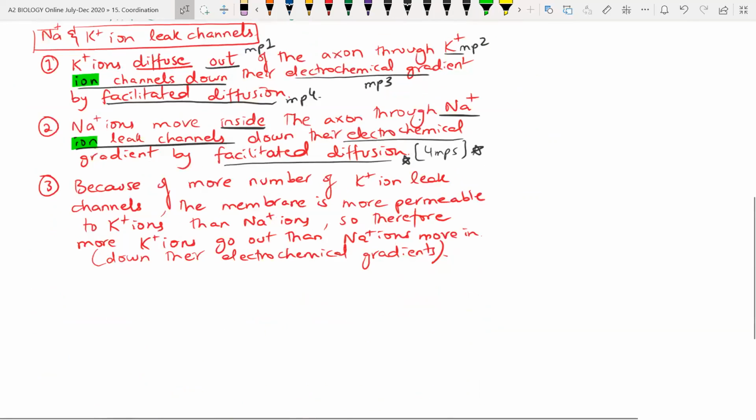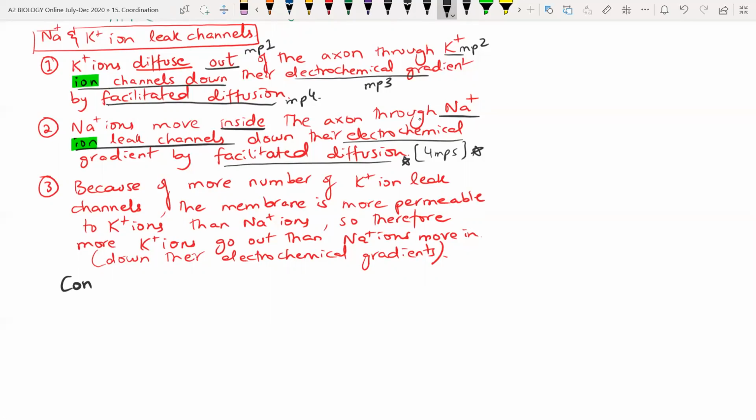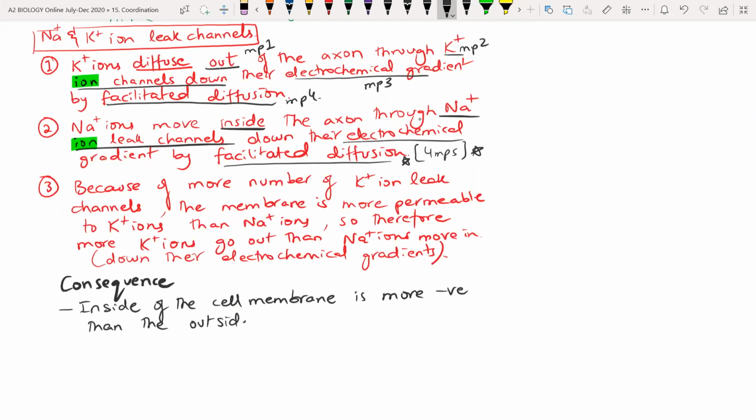Okay, and the third, इसको मैं consequence के heading के साथ लिख देता हूँ. So the consequence is that the inside of the cell membrane is more negative than the outside of the membrane. ठीक है जी, और इसको हम कहते हैं resting membrane potential.